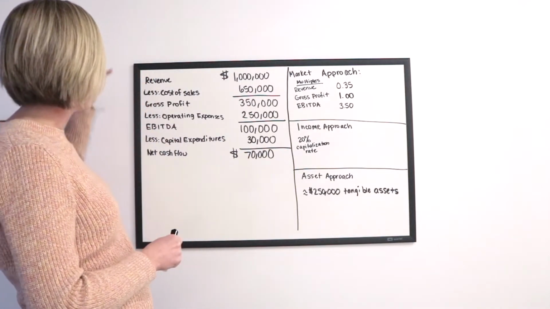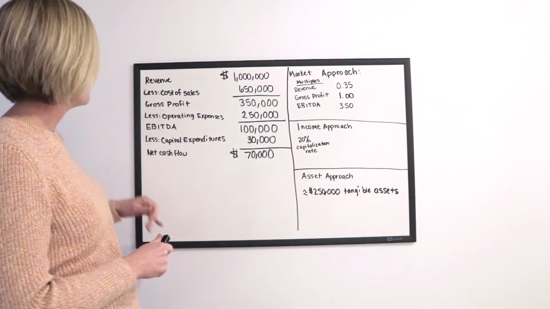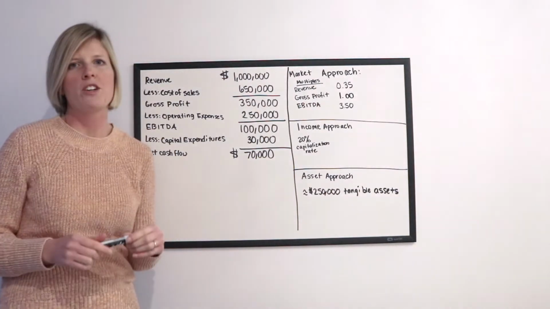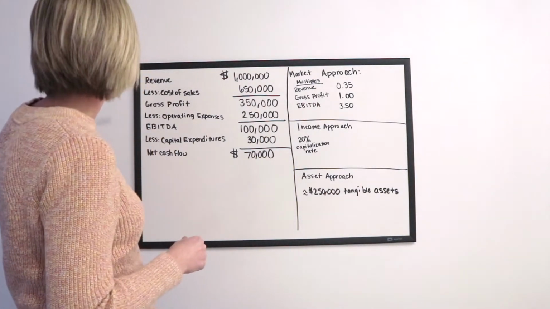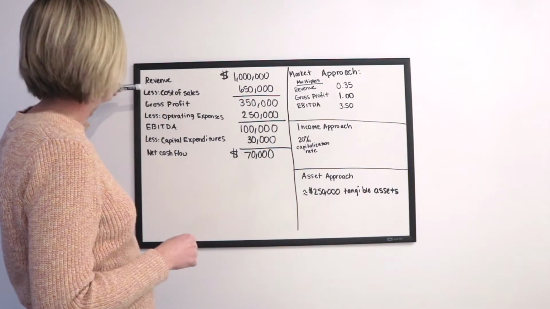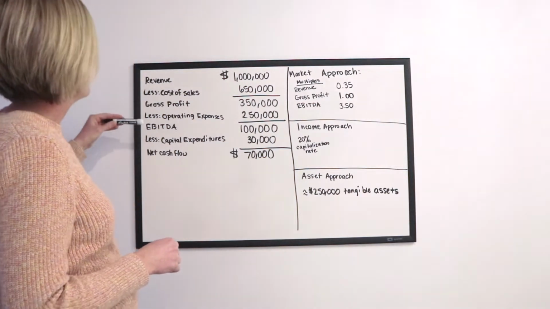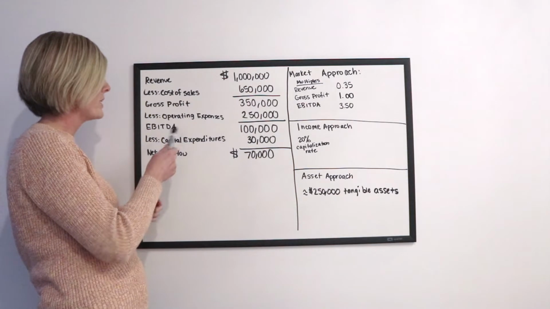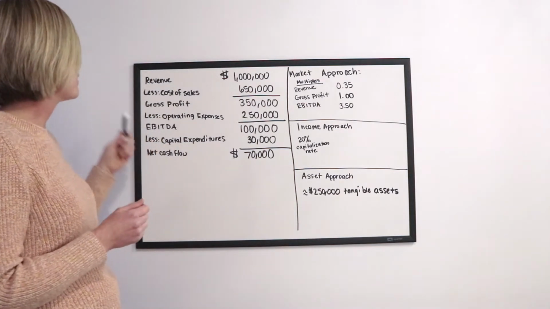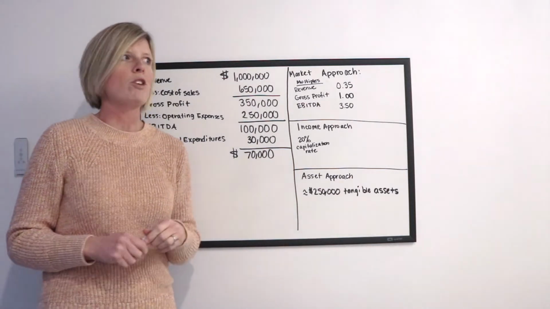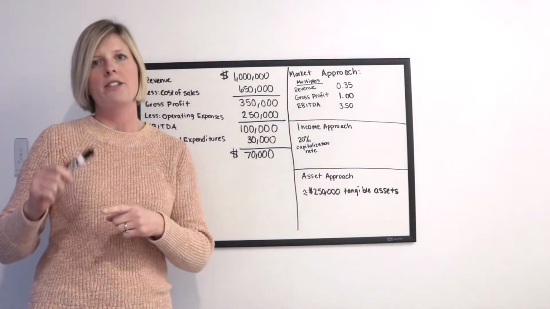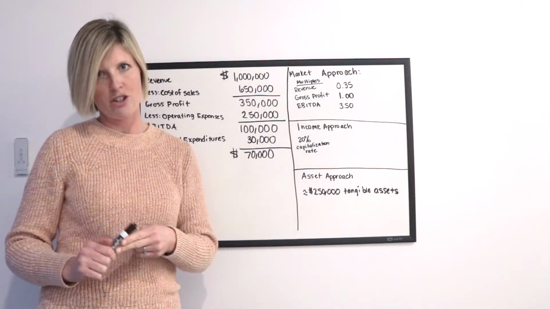So I have just a super simple income statement over here. Revenue less cost of sales gives us a gross profit. Take out operating expenses, that gets us to something called EBITDA, earnings before interest, taxes, depreciation, and amortization.